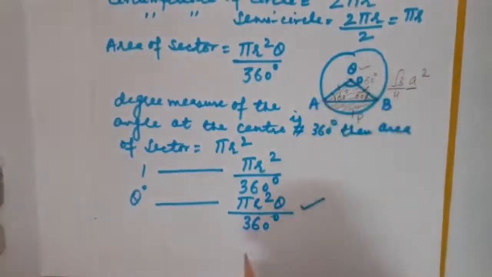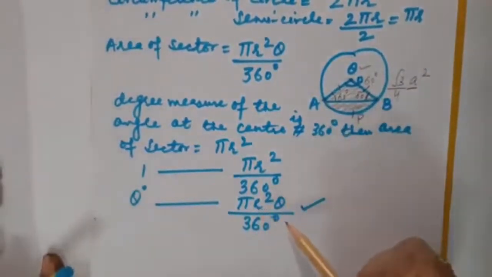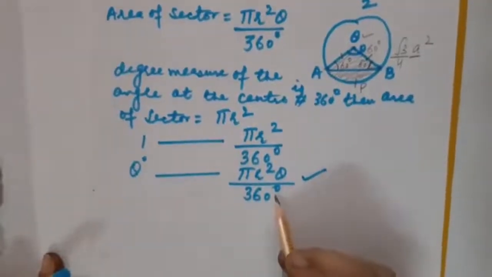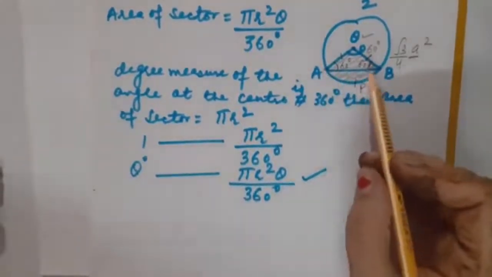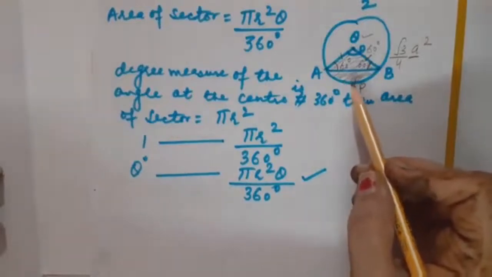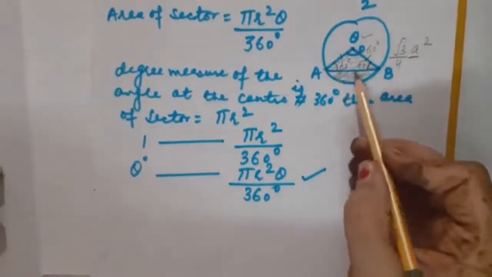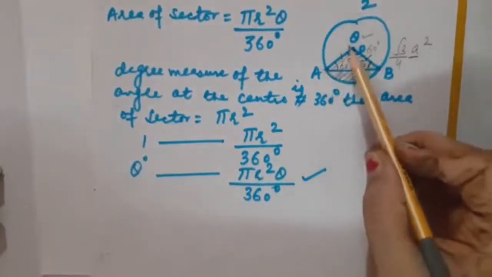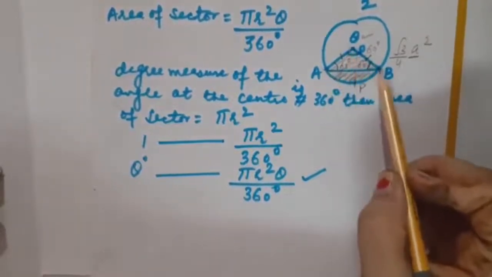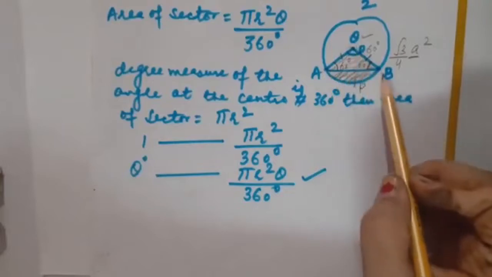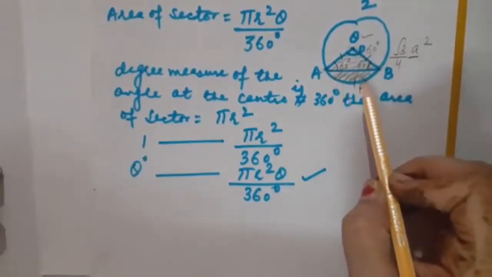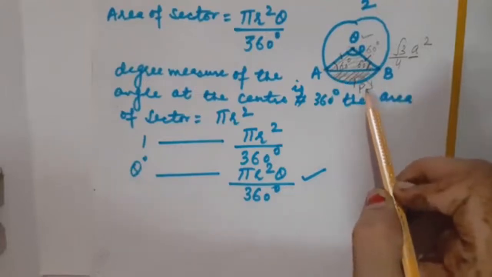So now I have made you understand how I got the formula for the area of the sector. Children, if I ask you how to calculate the area of this segment, just have a look. If I subtract the area of the triangle from the area of the complete sector, I will get the area of this region, that is the segment.